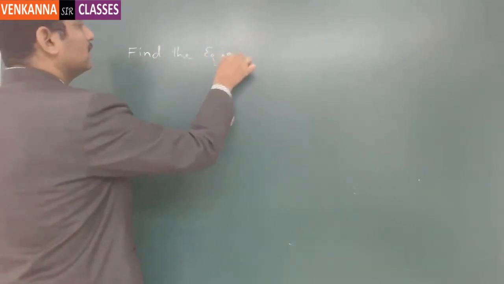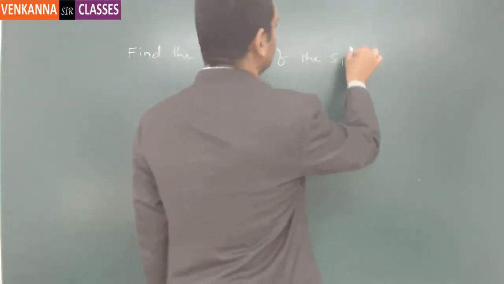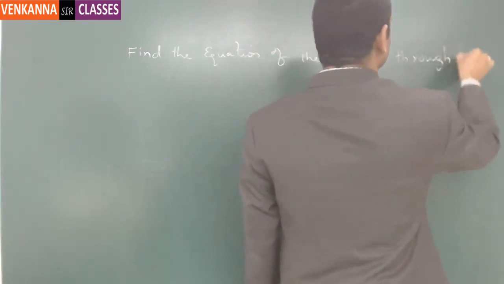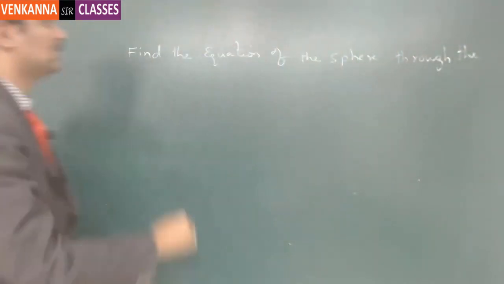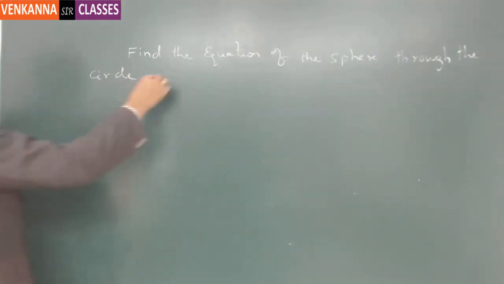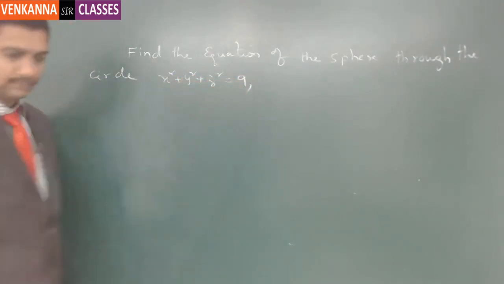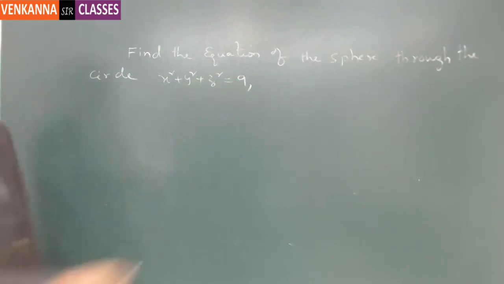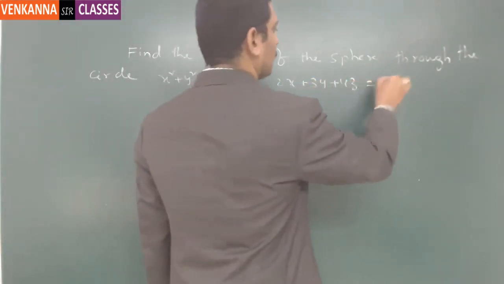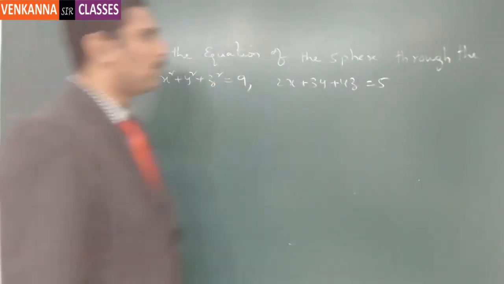Find the equation of the sphere through the circle x square plus y square plus z square equal to 9, 2x plus 3y plus 4z equal to 5, and the point 1, 2, 3.